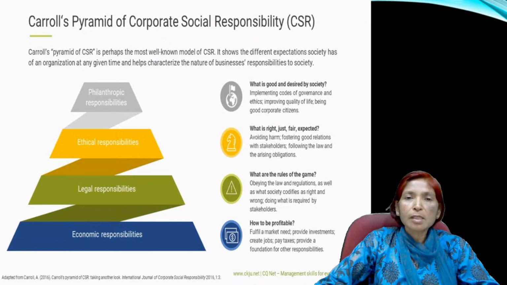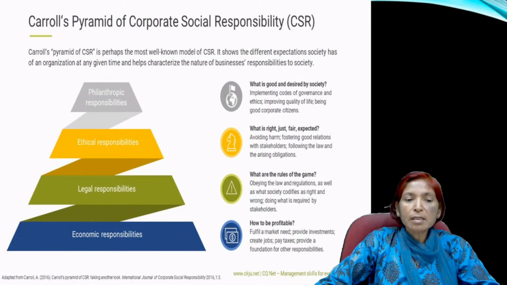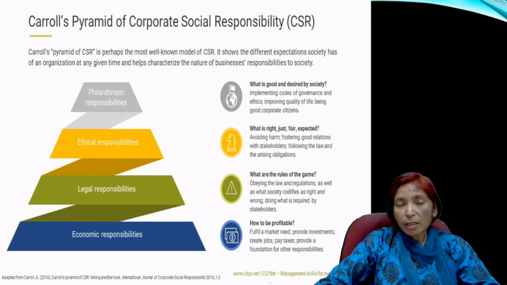Second is legal responsibility. Legal responsibility tells us that a company should work under the guidelines of the legal rules and regulations and not go beyond that.